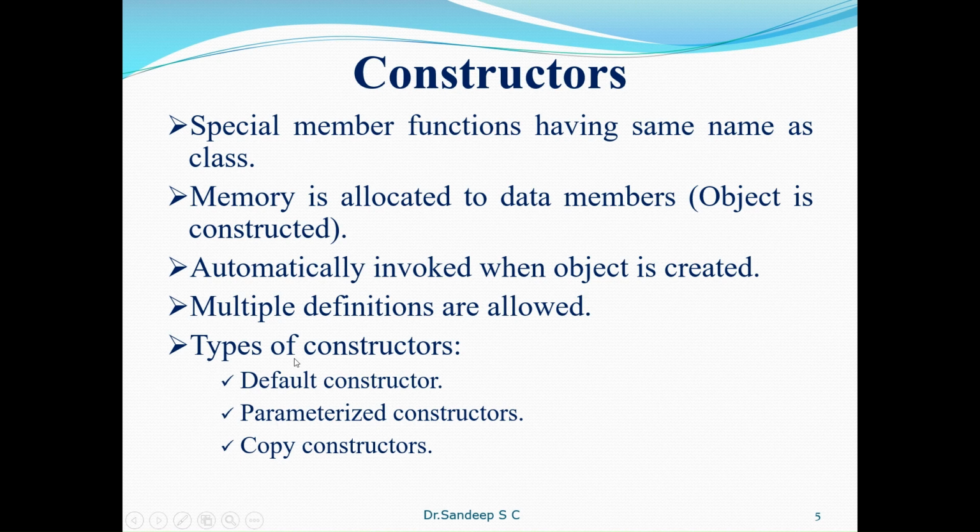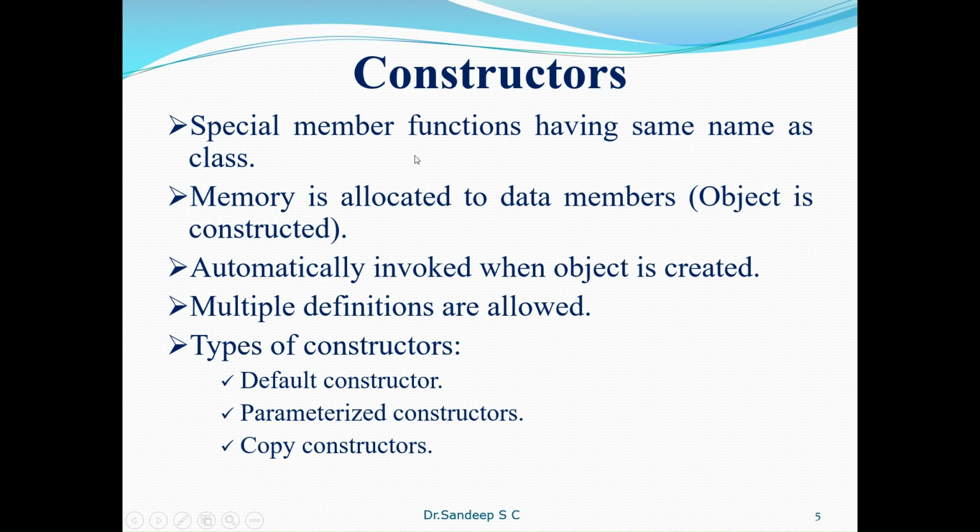Then we have different types of constructors: default constructor, parameterized constructor, and copy constructor. If the programmer does not write a constructor, then the compiler will create a default constructor by itself. That is called the default constructor.